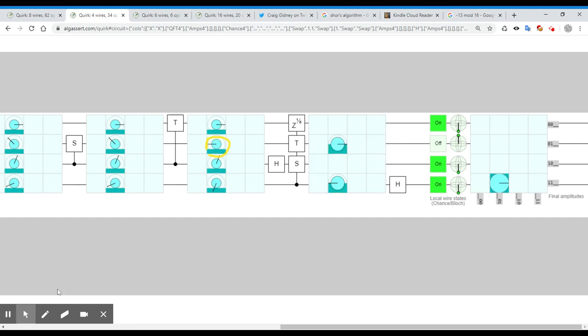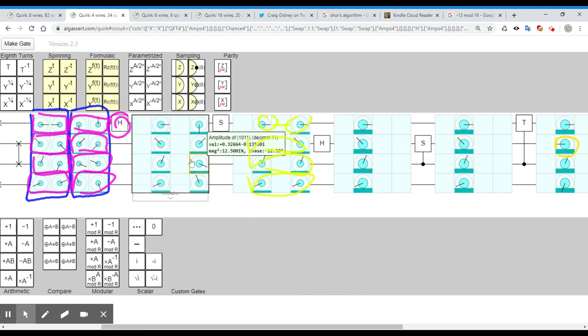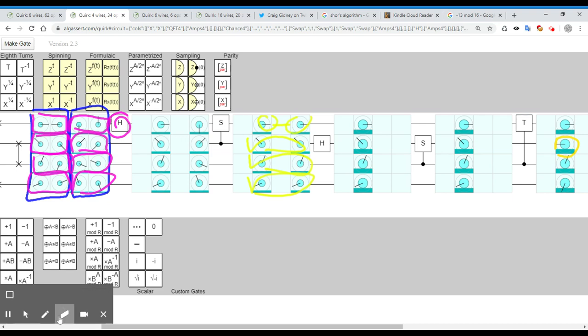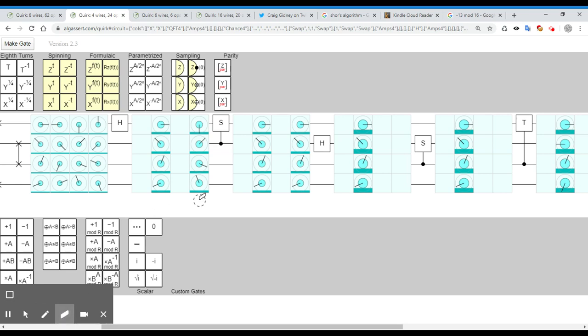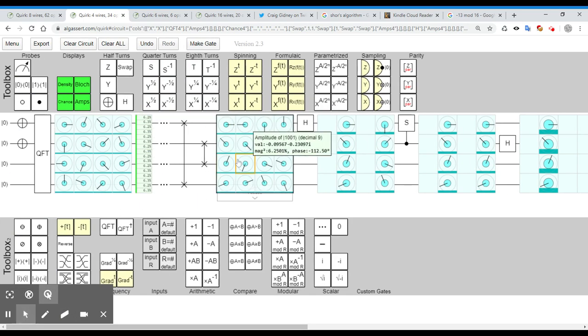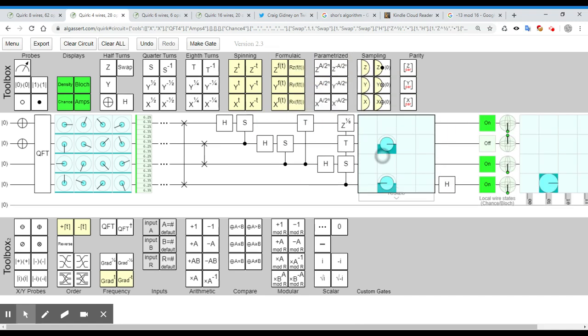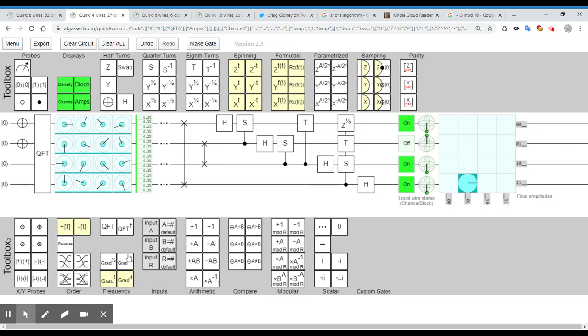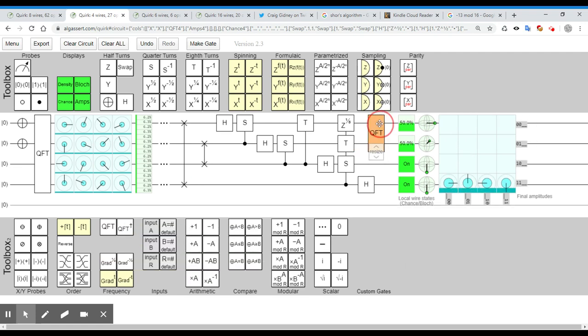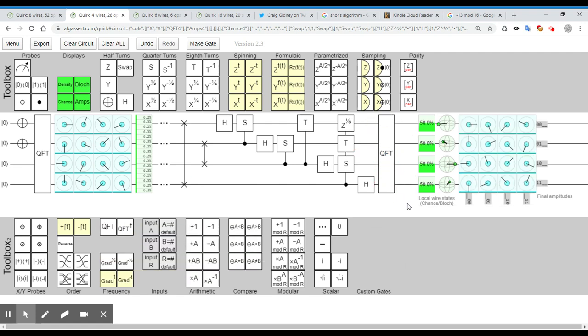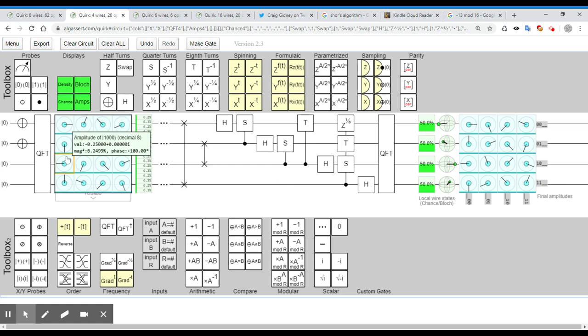Let me get rid of all the stuff in here that is just cluttering the screen, so all the measurements are gone. If I now apply another QFT, I've got 4 QFTs here, 3 QFTs here, which would be the same as applying the inverse QFT to that particular input.